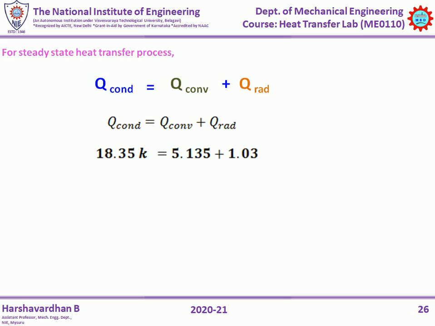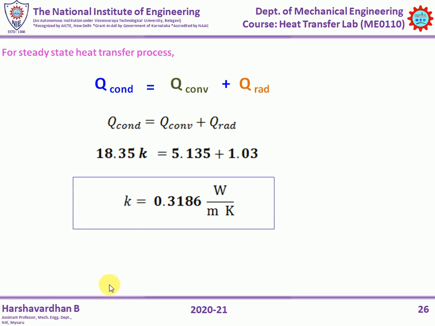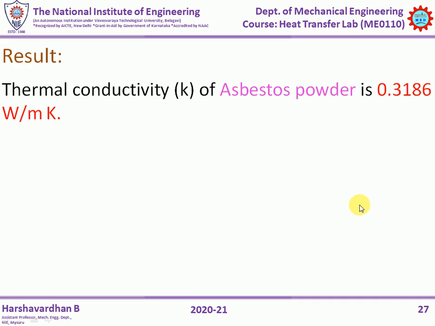So by substituting all these conduction heat transfer values, convection heat transfer values and radiation heat transfer values, okay, we will see that the only unknown here is conductivity of the asbestos material. So on simplification, we will get this conductivity as 0.3186 watt per meter Kelvin. So we can write the result as thermal conductivity of asbestos powder is 0.3186 watt per meter Kelvin.